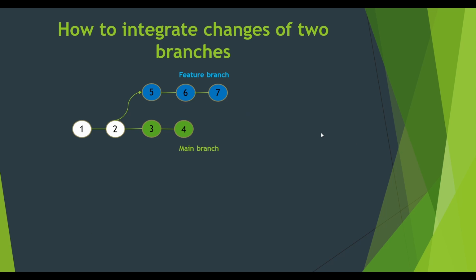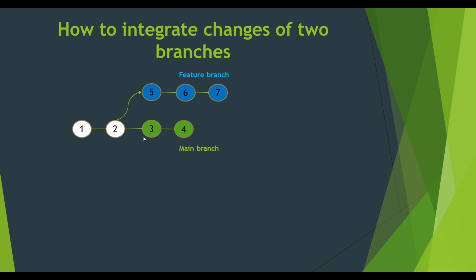While dealing with Git, we usually deal with multiple branches, right? When we deal with multiple branches, we come across a situation where we need to collaborate or sync the changes of two branches. Let us understand the scenario. For example, we have a main branch with commit IDs 1 and 2, and at this moment a new feature branch got created and user 1, let us say, has made changes with commit IDs 5, 6 and 7.